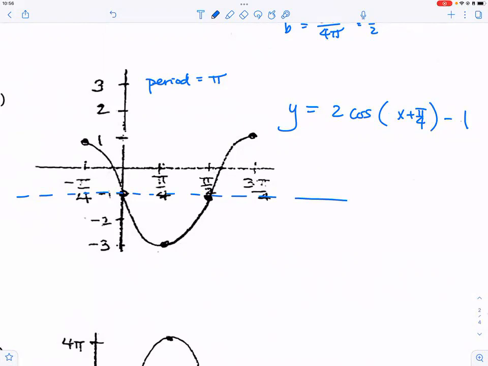So therefore, the b value is 2 pi divided by pi, which is 2. So you would place the b value right here, but you would have to make sure that you put a pair of parentheses around the x plus pi over 4. Okay?